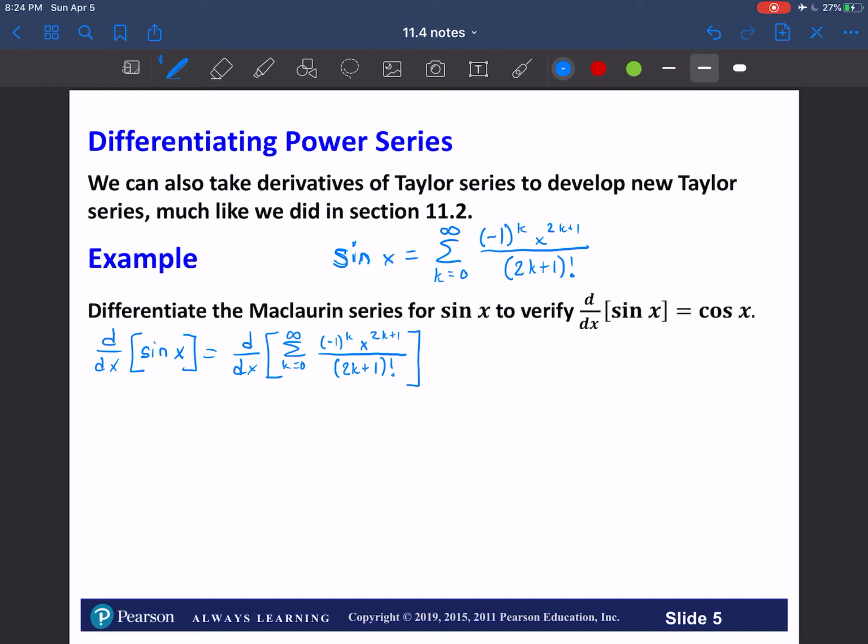Okay, so the key fact that I'm about to utilize is the fact that the derivative of a sum of terms is the sum of the derivative of terms.